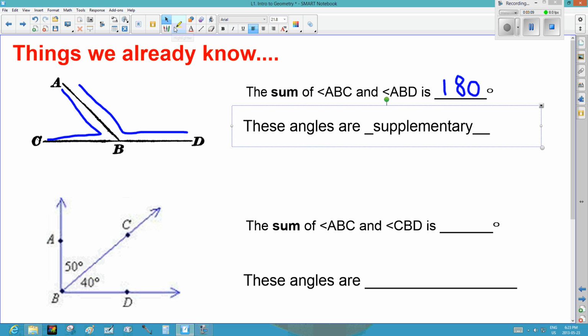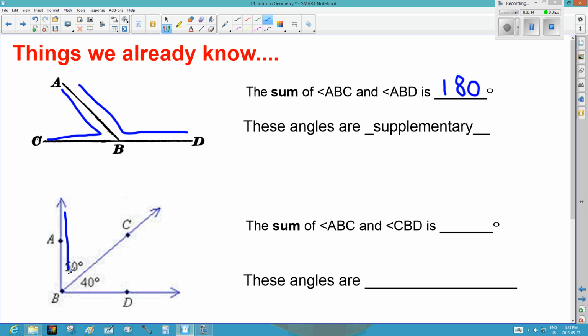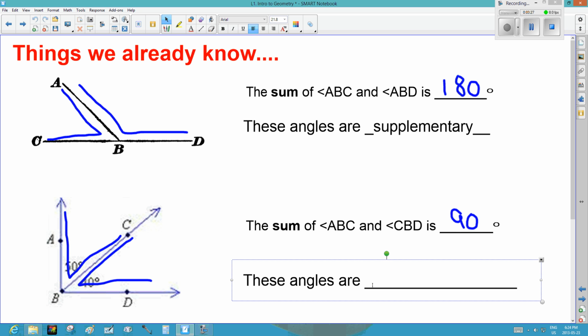If we look at this angle, ABC and CBD, they add up to 90 degrees. And these angles, if you remember, are called complementary. So supplementary angles add up to 180, complementary angles add up to 90.